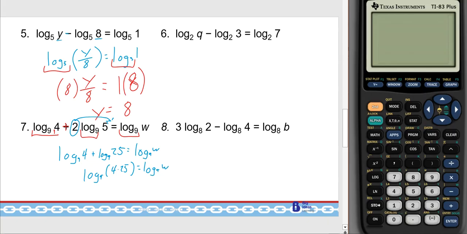Now that they're both log base 9 of something, I can bring down the 4 times 25, which I'm going to simplify to 100, in the w. So w equals 100. I could check these out with my calculator to make sure that everything works out and that I don't get any invalid solutions. But because everything's positive, I should be okay.